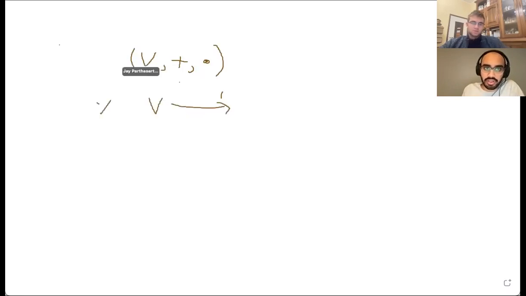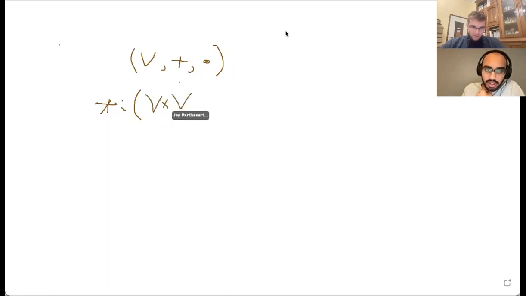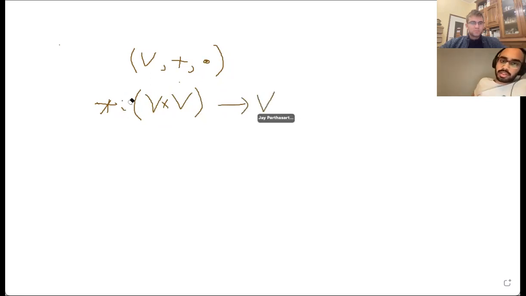Okay, undo. Yeah, cool. So I believe what I was trying to draw was that this plus map is defined as a map from V cross V to V. No parentheses necessary.